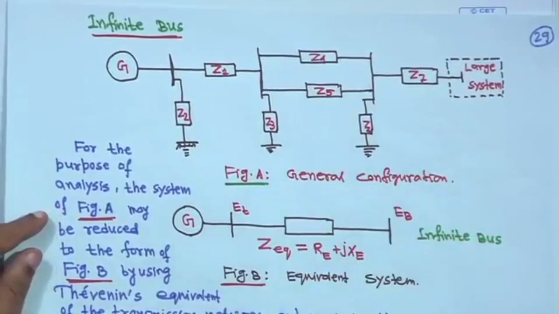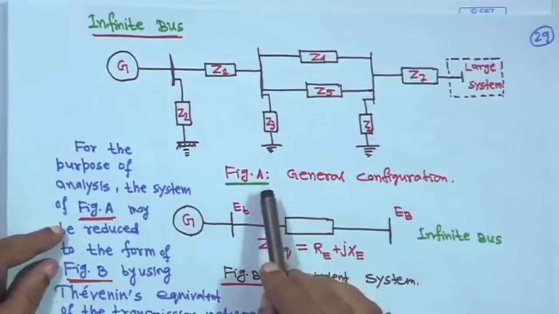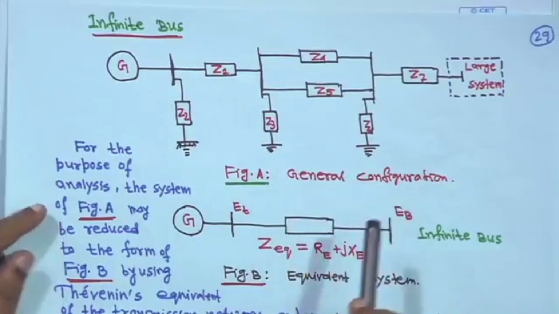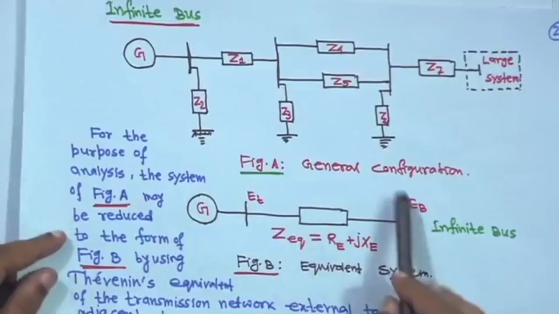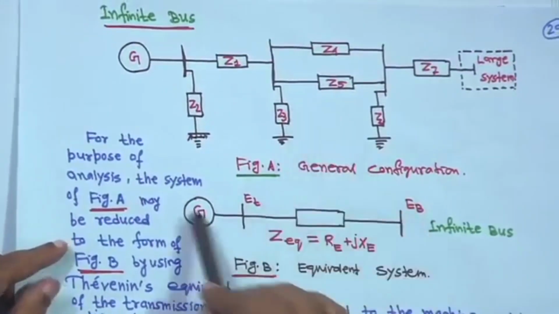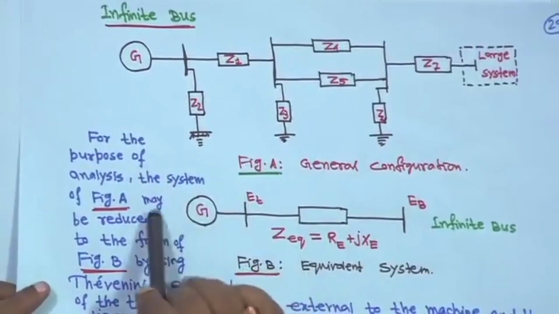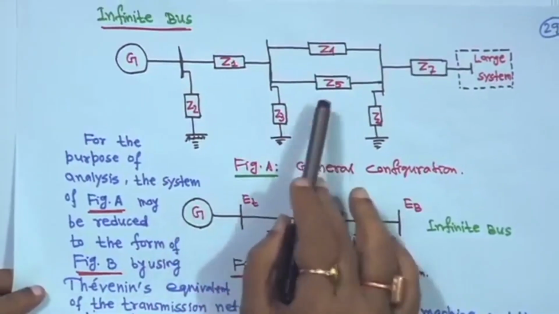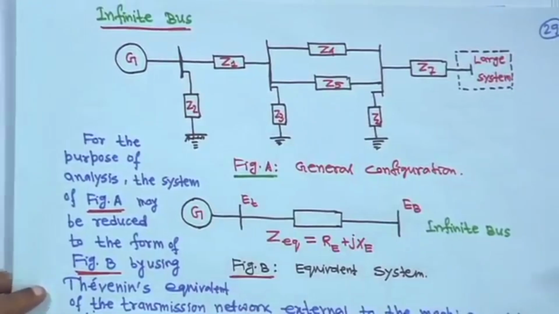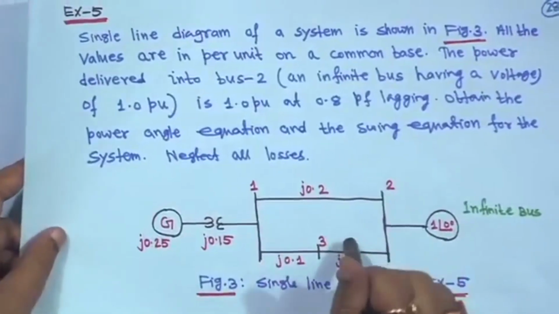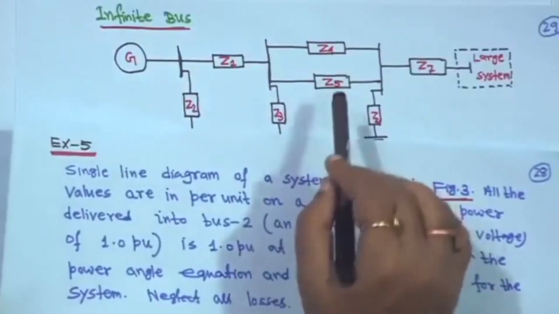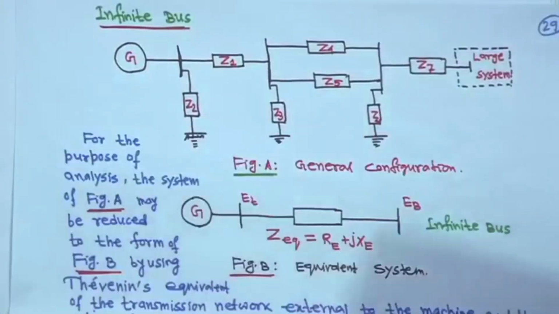I have marked it as figure A, the general configuration. Now, there is no link between this problem and this diagram. I have taken this for the purpose of explanation.